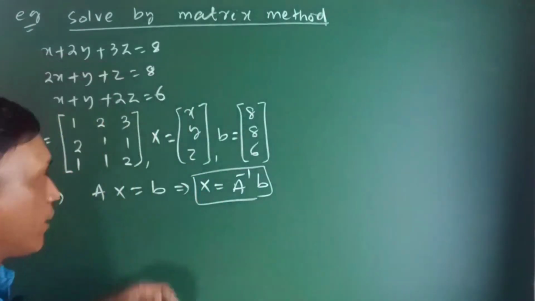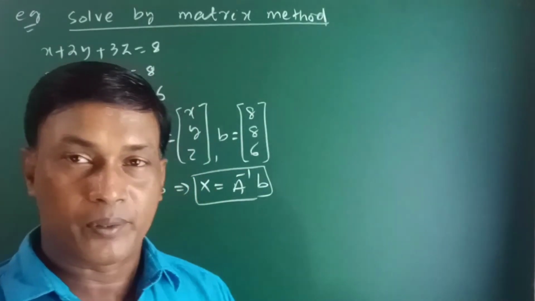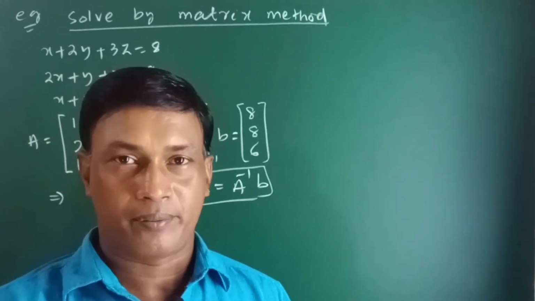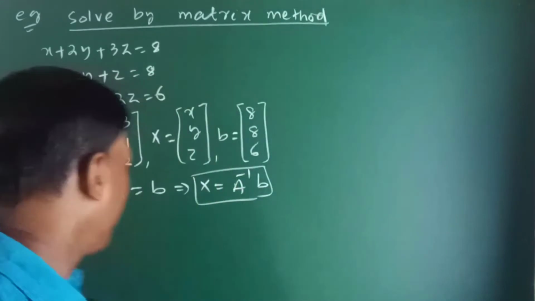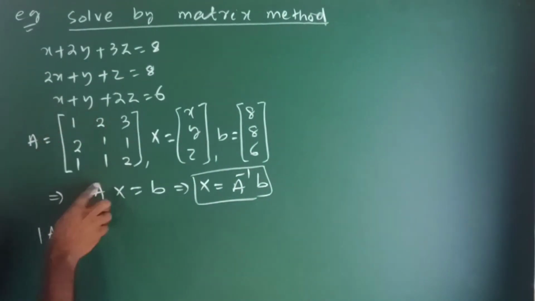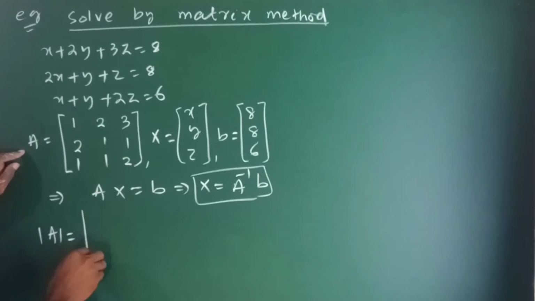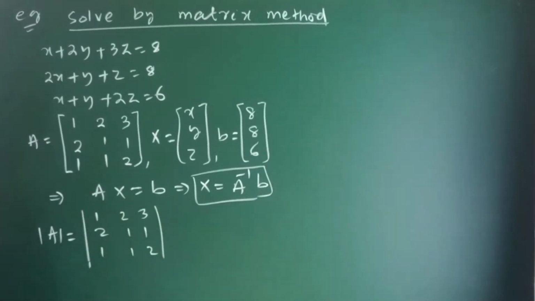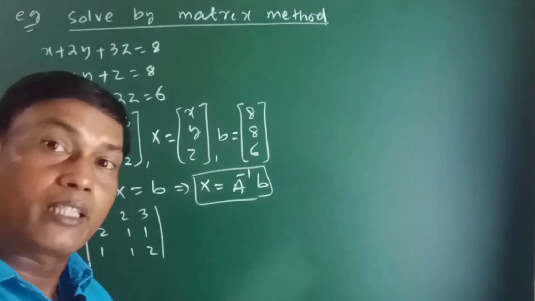So look at here. In order to find A inverse, we know A inverse is adjoint A by determinant A. First test the determinant. So determinant A is equal to, this is the A matrix and the determinant of this matrix is 1 2 3, 2 1 1, 1 1 2, and you know how to solve the determinant from the determinant chapter.